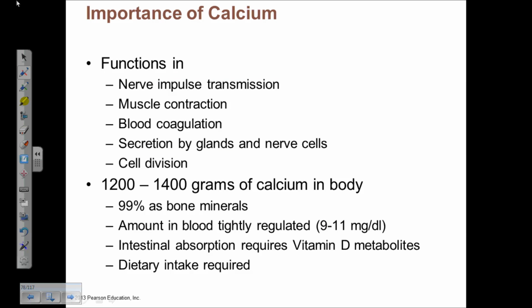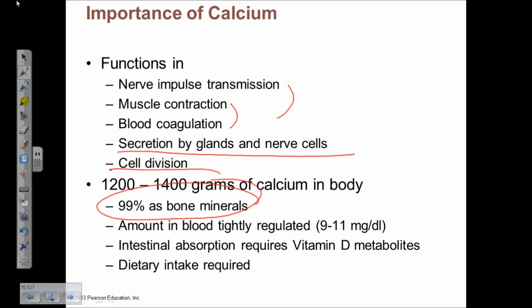So calcium. I told you that calcium is critical in nerve impulse transmission. We already learned that. Also contraction of the muscle, blood coagulation, cell division, and secretions by the glands. We have about 3 pounds of calcium in the body, and 99% of that calcium is in the bone.